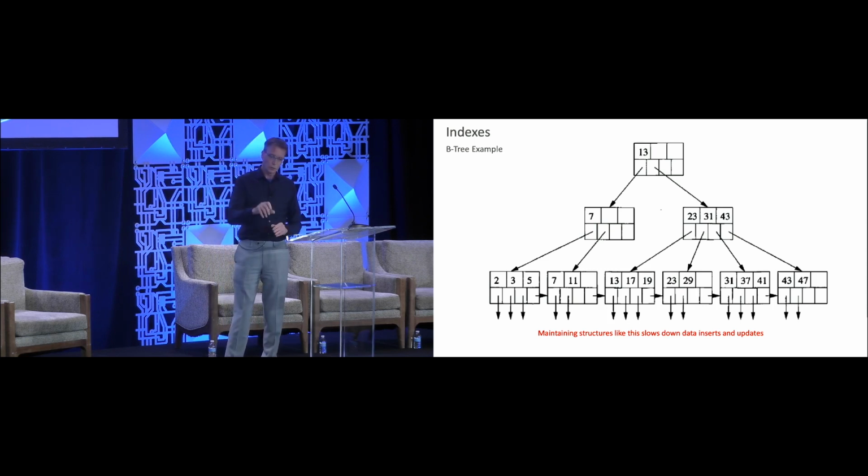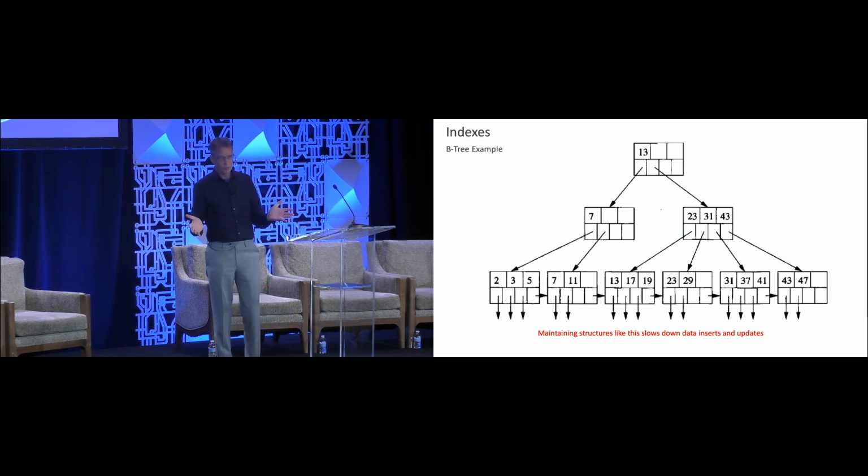We have a root block at the top, and we have leaf blocks at the bottom. Each block contains a series of keys. When I want to find a key and the row that corresponds to that key, I start at the root block, I look for the next largest key, navigate down to the next block, and do the same thing again until I get to the leaf blocks at the bottom. Then they finally have pointers to where my data sits, which is all great for queries.